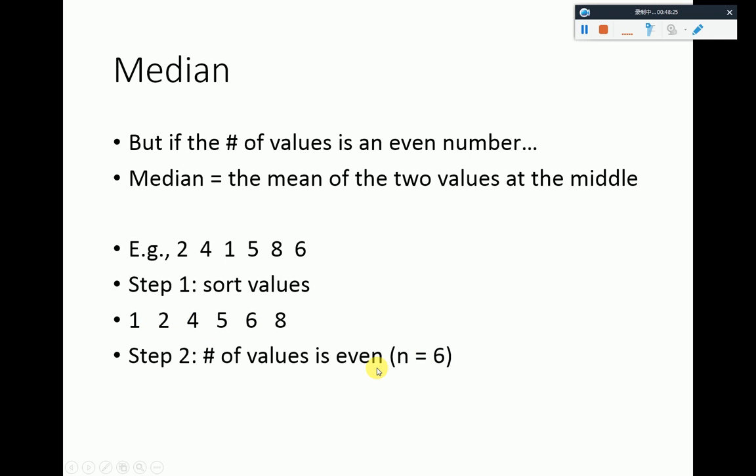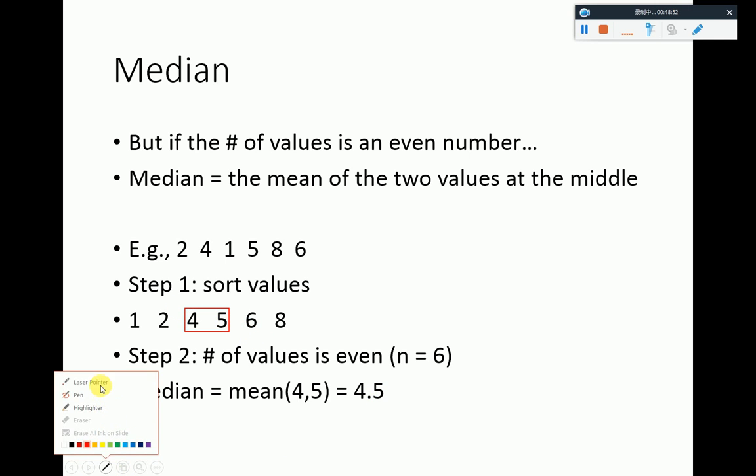6 is an even number. So we need to find the two values at the middle, or the center, of the sample. So it's not just 4, not just 5, but both 4 and 5. And step 3 will be to find the mean of these two values. So the median will be 4.5, because the mean of 4 and 5 is exactly 4.5, right?